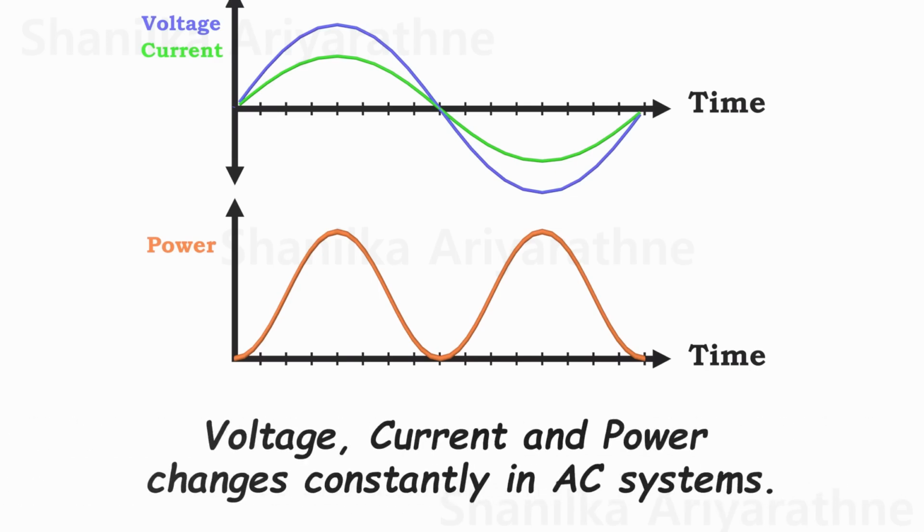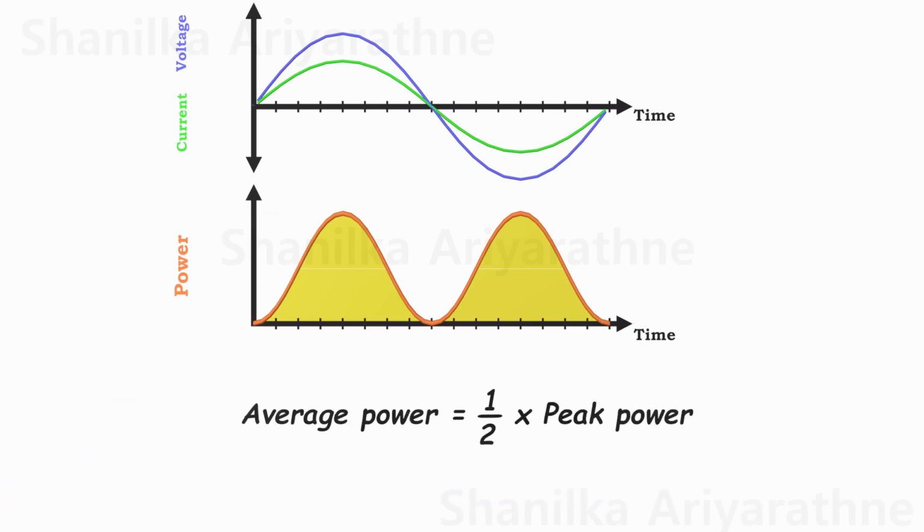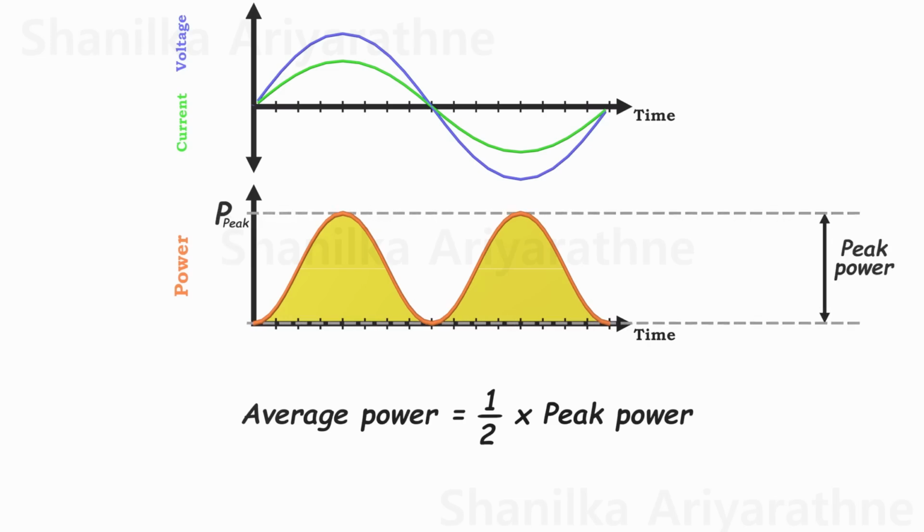Examine these graphs. Voltage, current, and power all undergo continuous changes in AC systems. However, for calculations, we require some fixed values. How do we achieve that? Here's a simple trick. If we calculate the average power over one full cycle, it's consistently half of the peak power. What's the peak power?